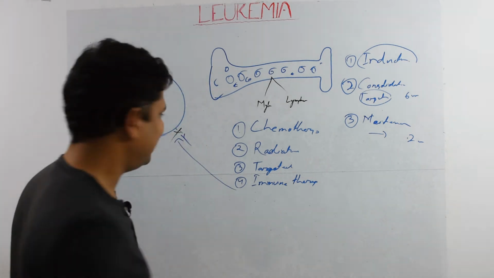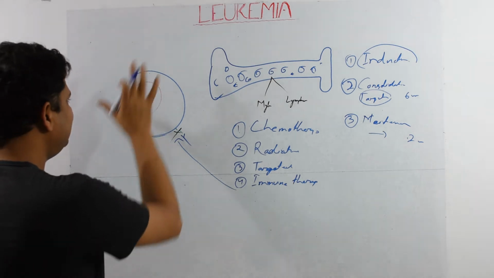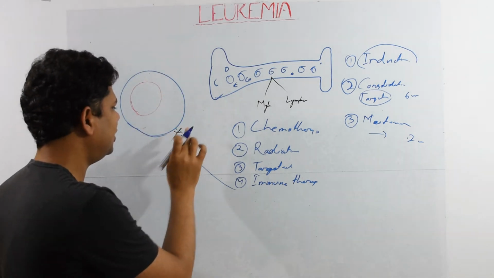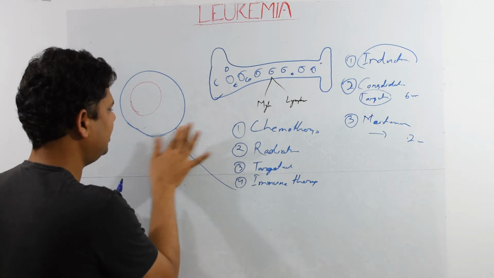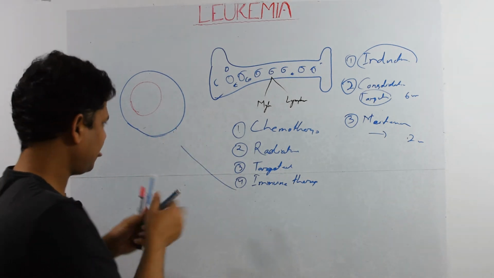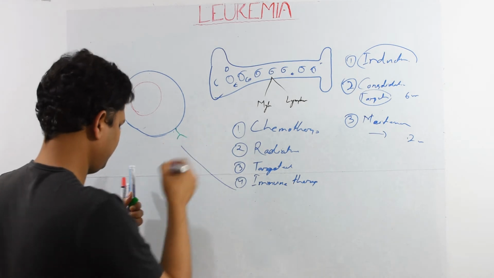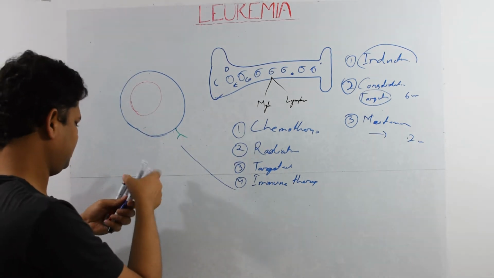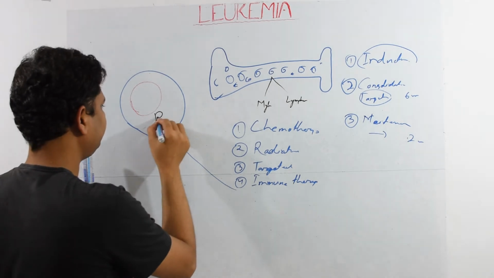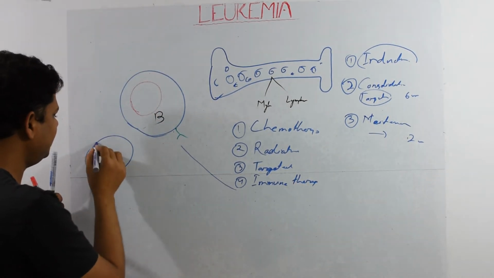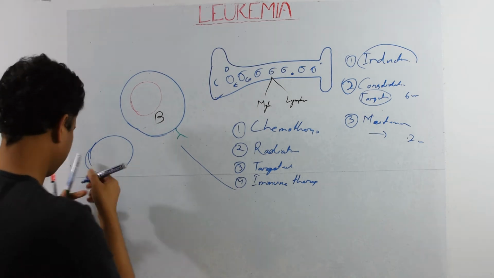What happens in that case? Usually, in blast cells or leukemic cells, as I said, there will be some receptors present on the cell membrane. So this is the blast cell, we name it B, and there will be another cell in our body which is a normal cell.